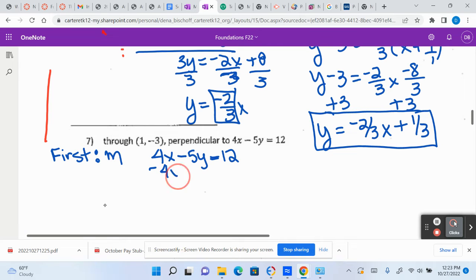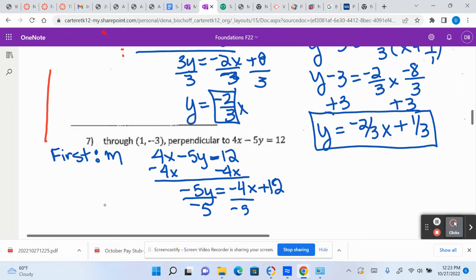Good job. Subtract 4x from both sides. Negative 4x plus 12, right? You can't combine 4 and 12 because one's got an x, one doesn't. Keep going. That's a negative 5. Do you see that, hon? That 5 has a negative in front of it.